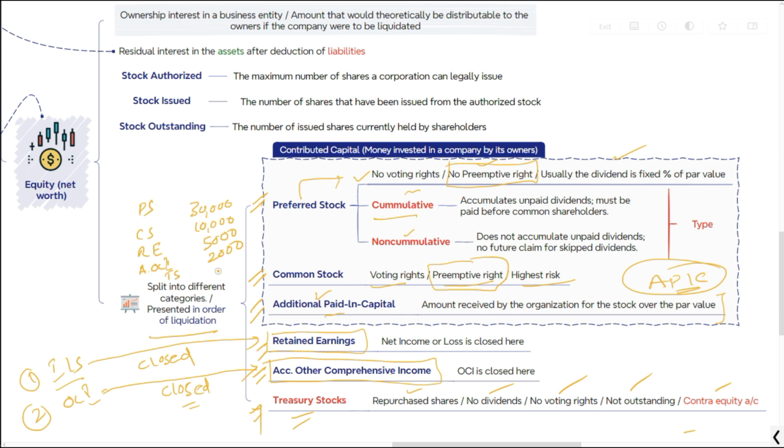Treasury stock is in red, 10,000. So it's a deduction. Treasury stock is a contra equity account and the balance is deducted. That's why treasury stock is shown in red. Whatever the balance is, it goes in the equity section of your balance sheet.